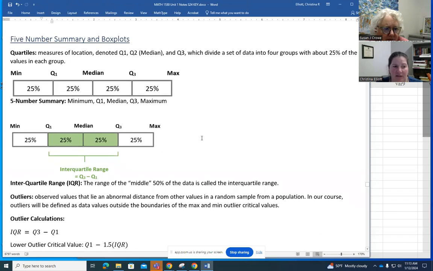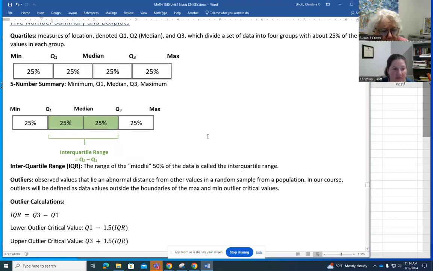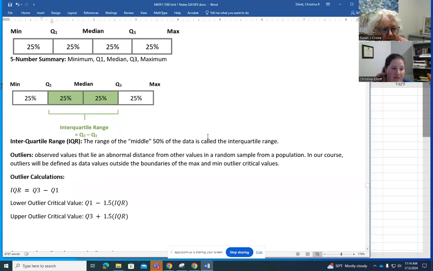We can determine outliers, and in stats we care about outliers, things that are unusual. I'll show you those calculations in a second. We can also make a graph called a box plot, or, like I learned a long time ago, a box and whisker plot.